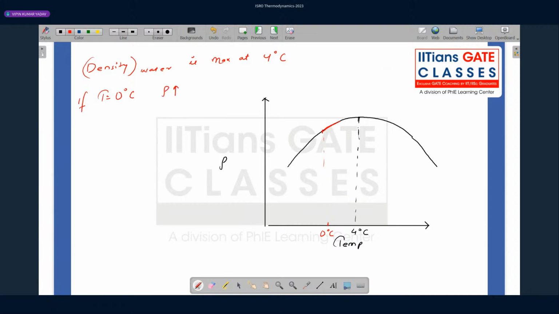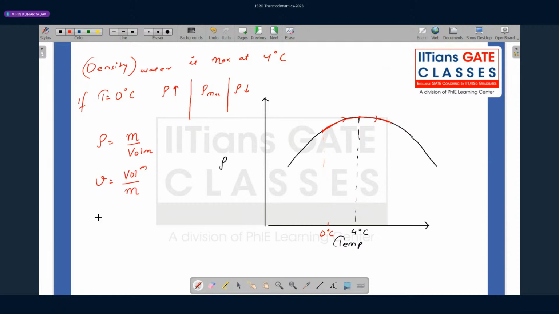Density will increase, then it will be maximum, and then it will start reducing. Now, they are not asking about density, they are asking about specific volume. What is the relationship between density and specific volume? You see, density is mass per unit volume, and specific volume is volume per unit mass.